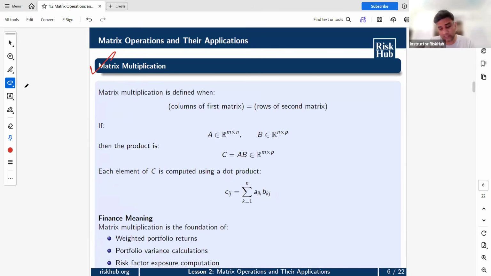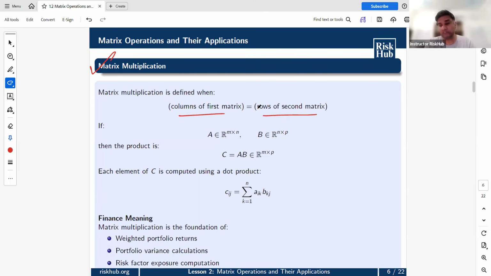When we talk about matrix multiplication, this is the heart of your quant finance, because addition is useful. We don't deny subtraction is useful, but multiplication changes everything, right? Why? Because multiplication works only when the columns of the first matrix are equal to the rows of the second matrix, right? This is not arbitrary, guys. This is actually dimensional compatibility.